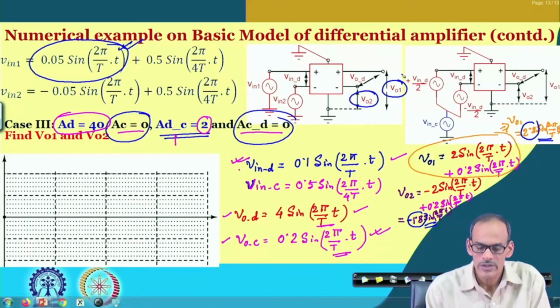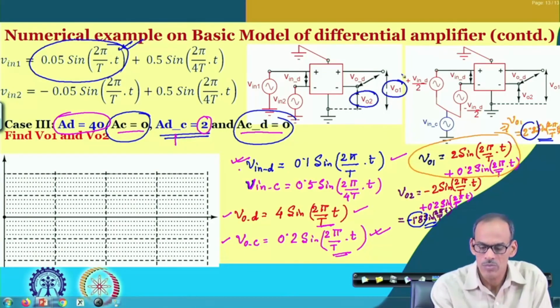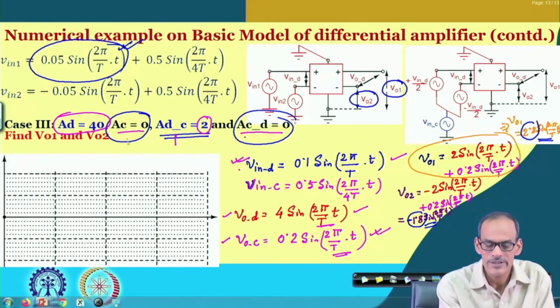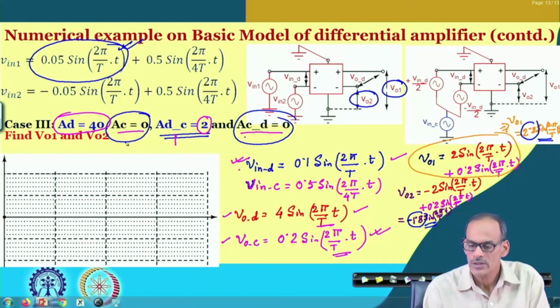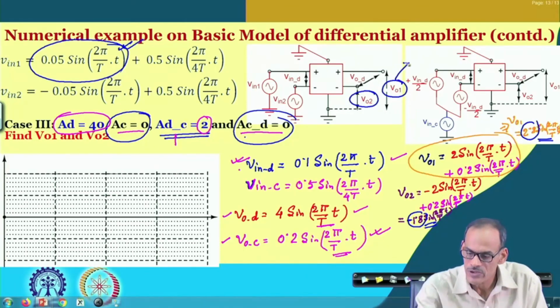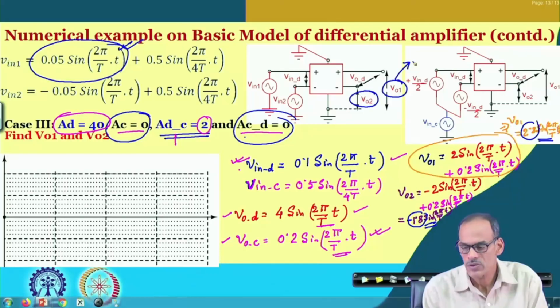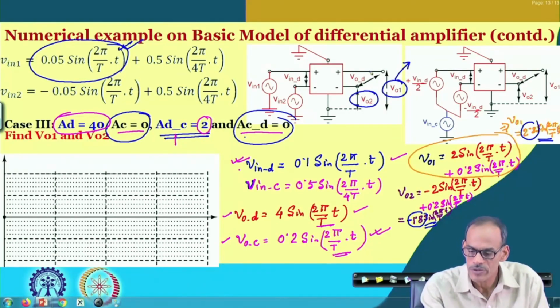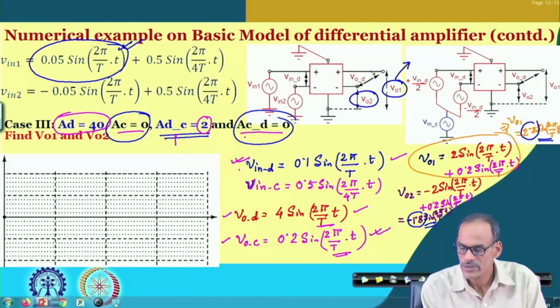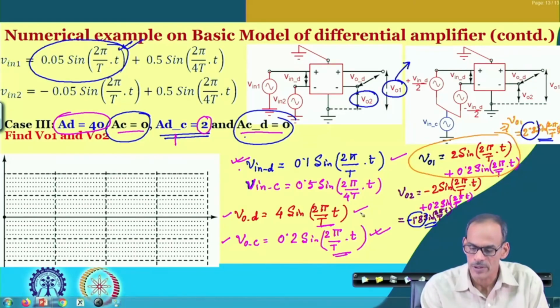It is a good thing that if both ACD and AC are 0, then even if I consider an individual signal, that is good enough to get the desired signal. And if you take the difference of these two, then you can get the entire signal.